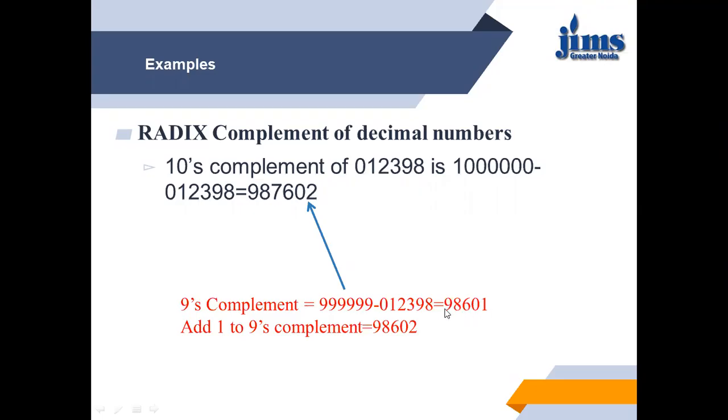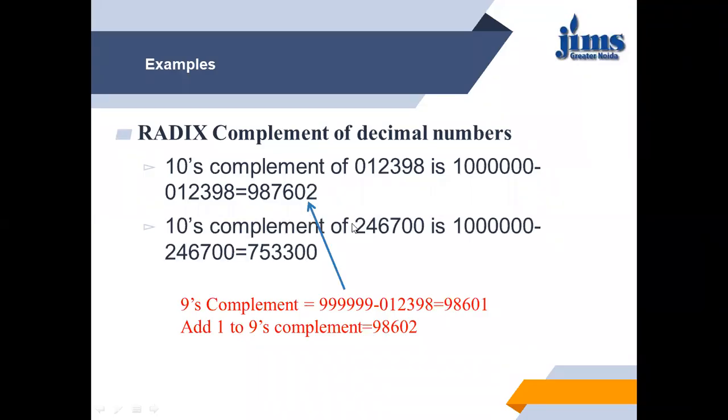So we obtain the 9's complement, then just add 1. The number will be 987601, and after adding 1 it will be 987602. So here what we have done, we just calculated the 9's complement, and then added 1 to the 9's complement.